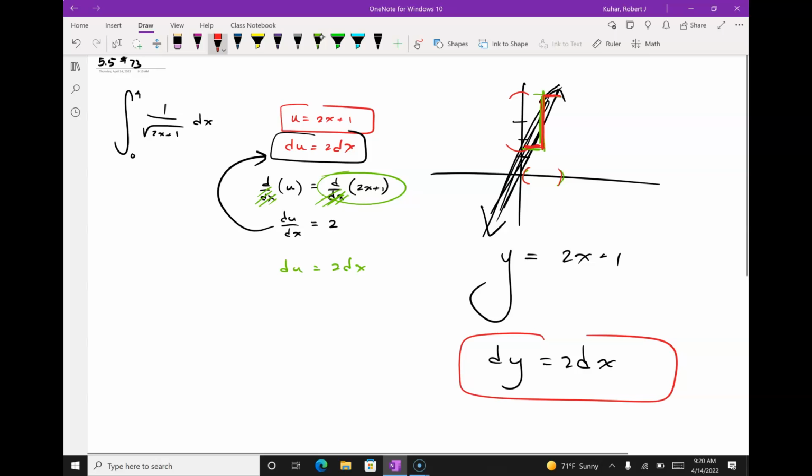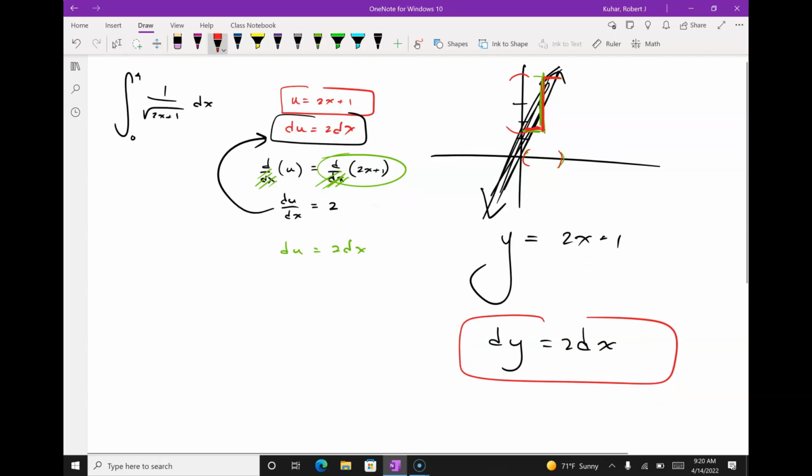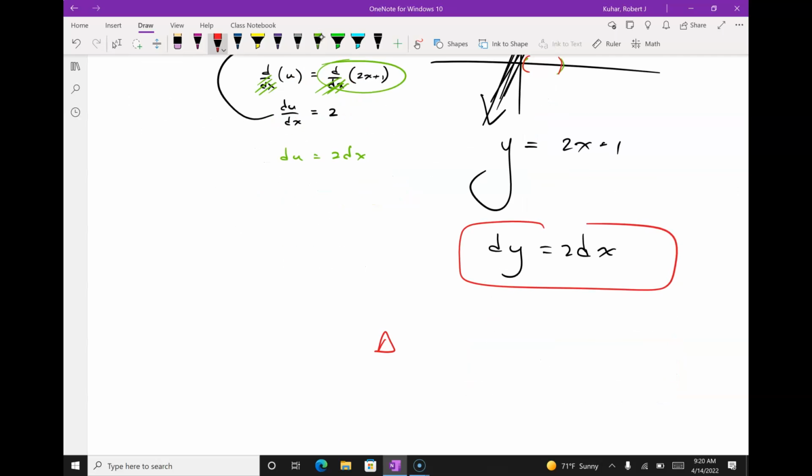So that's what a differential is. It's telling me if I take some value delta x and then map it up to my curve, the place where it hits the curve is going to map over to the y-axis. That's my delta y. So I'm really doing this: y2 minus y1 over x2 minus x1.